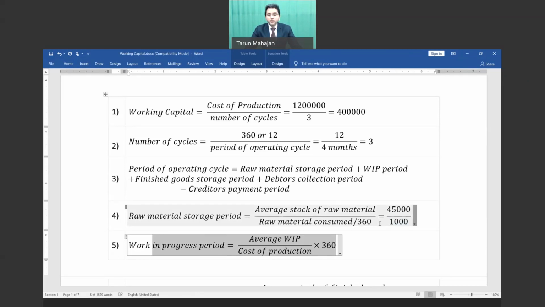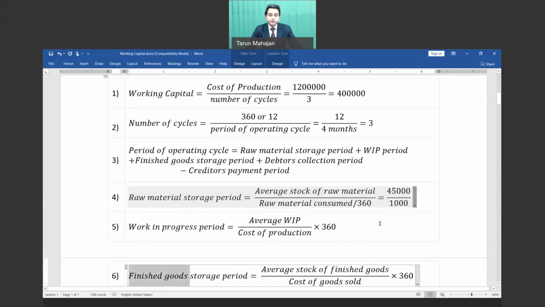The work in progress period is equal to average WIP divided by cost of production multiplied by 360.